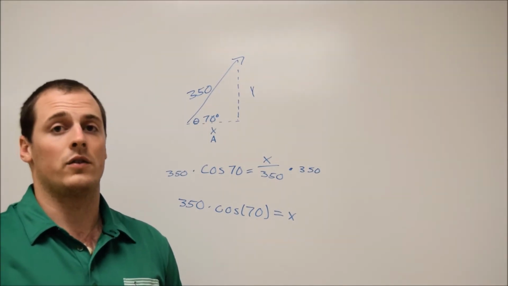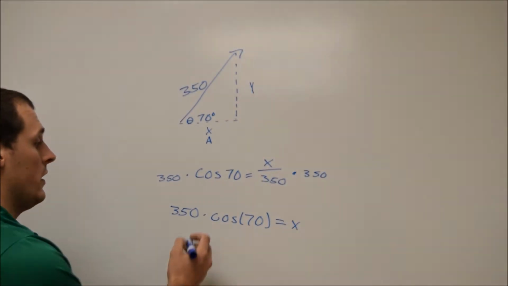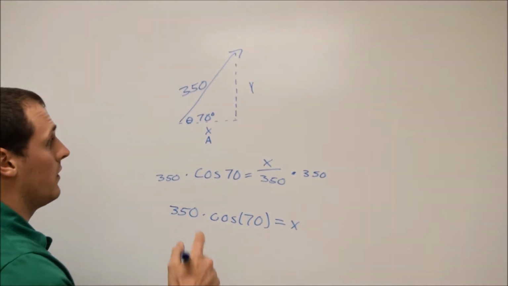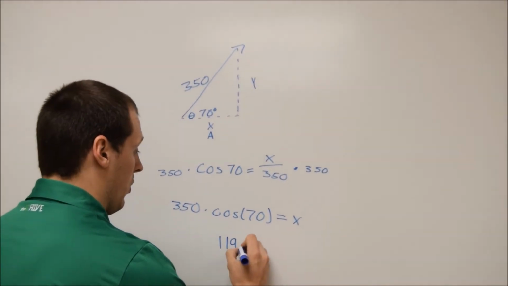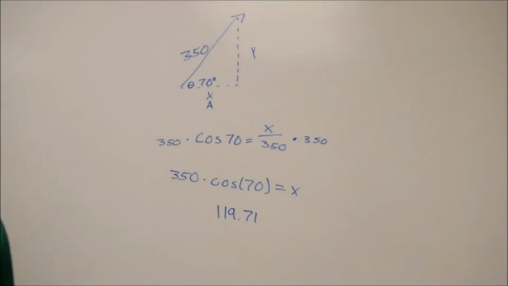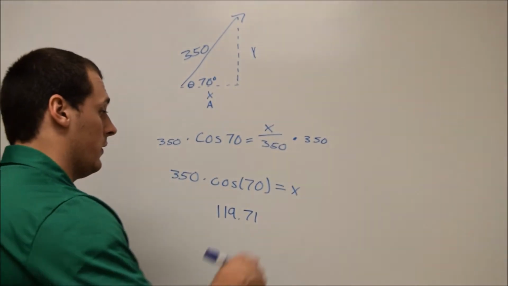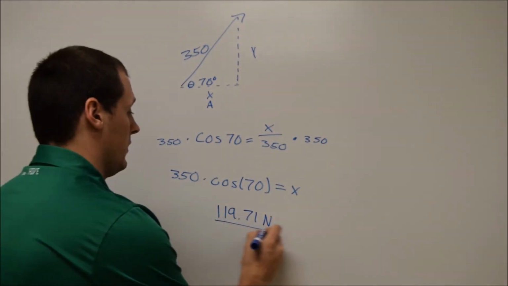So if you're not sure how to do that, the internet is a great tool. Alright, so whenever you put this into your calculator, you'll just have 350 multiplied by the cosine of 70, and for the x component, you should get 119.71. And it's usually best to go ahead and add your units too. So in this case, we're dealing with newtons. So always add your newtons.